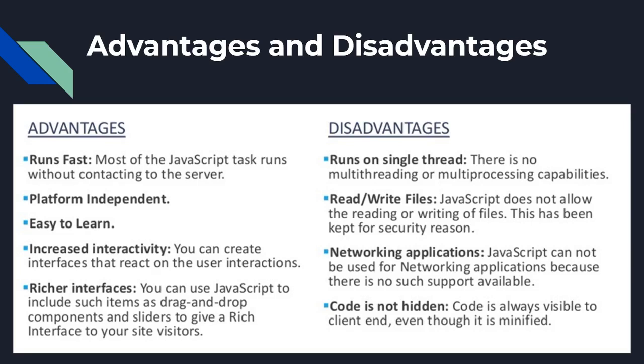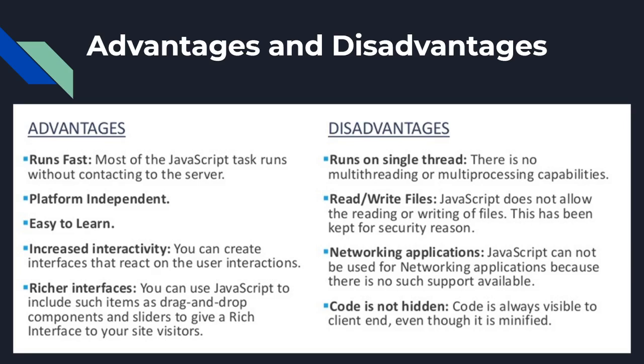No multitasking. Also, it does not allow the reading or writing of files, and it doesn't do anything with networks. Like I mentioned, it doesn't talk to networks. It doesn't care what's out there. It doesn't care about the truth.